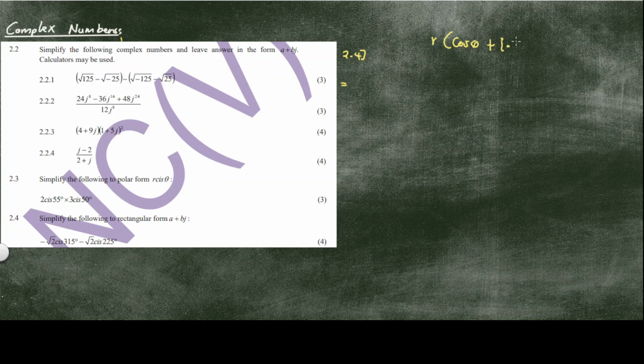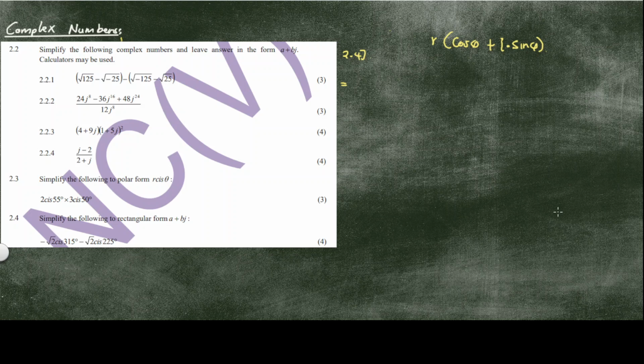Let me write the formula: cos theta plus i sin theta, minus r cos theta plus i sin theta. I'm going to give you time to do this one. Only the final answer.